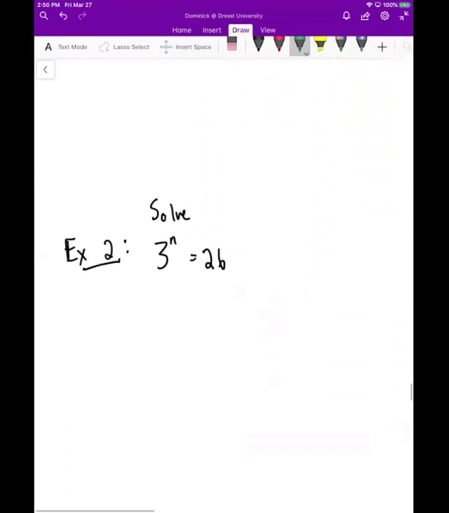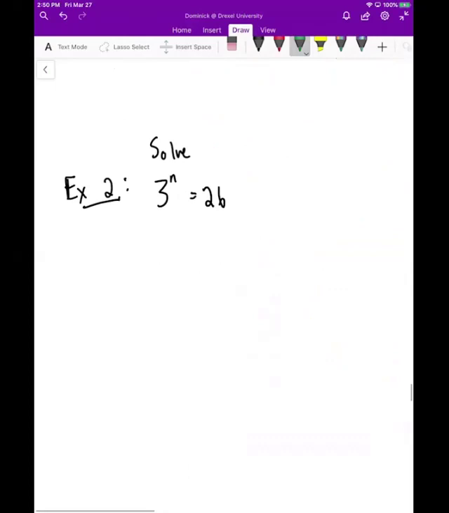Now, in the second example, we're not quite as lucky, right? Because in this case, we can't write, so the left side would be 3 to the n, but we can't write 26 as 3 to some number, right? So 26, we can't write as 3 to some power.